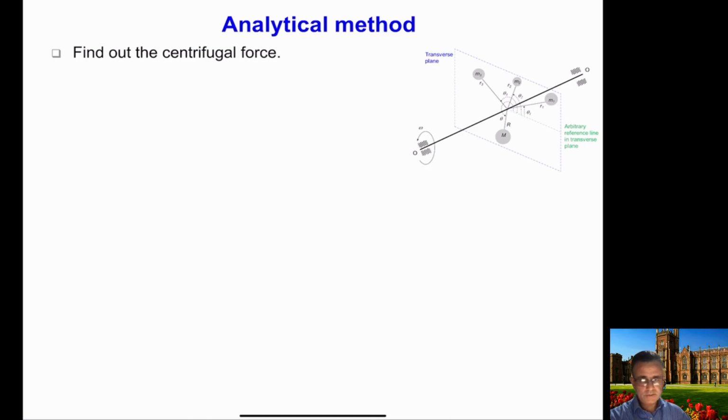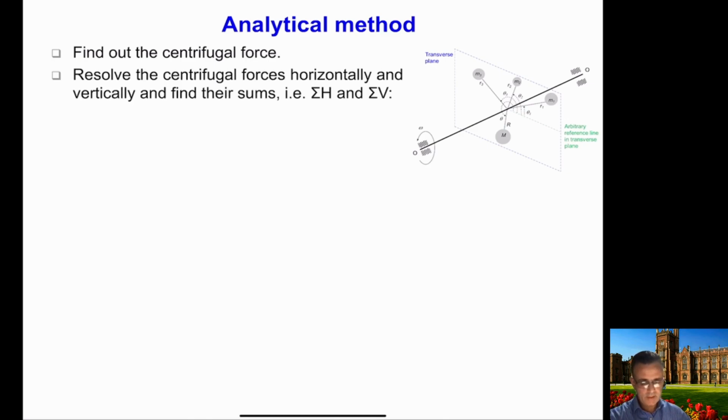You will again find out all the centrifugal forces. You will resolve the centrifugal forces in horizontal and vertical direction, and then you will find out their sum, that is the summation of all the forces in horizontal direction and vertical direction.